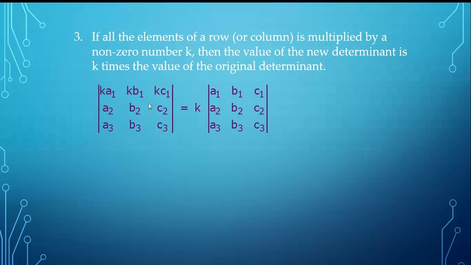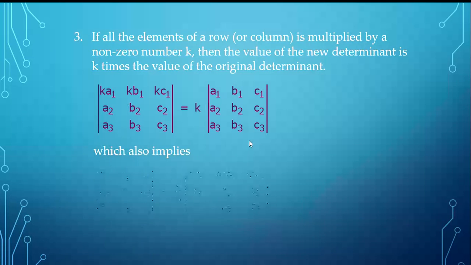This determinant is equal to k times the determinant a1, b1, c1, a2, b2, c2, a3, b3, c3. So if a number is multiplied into all elements of a row or column, we can take it outside the determinant.